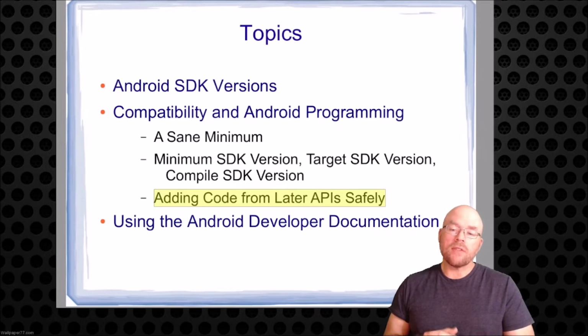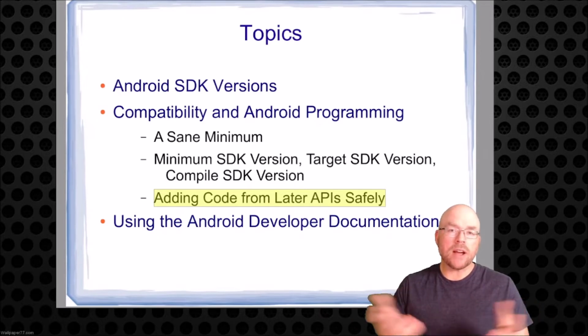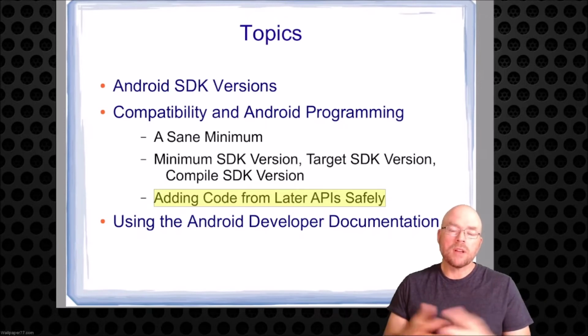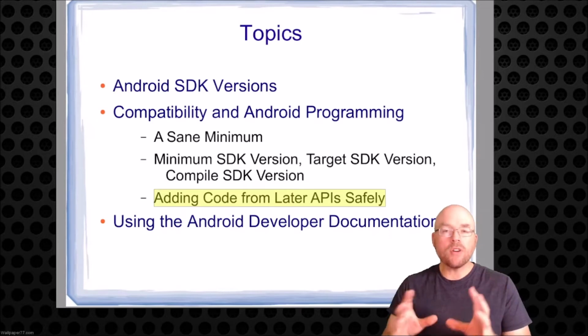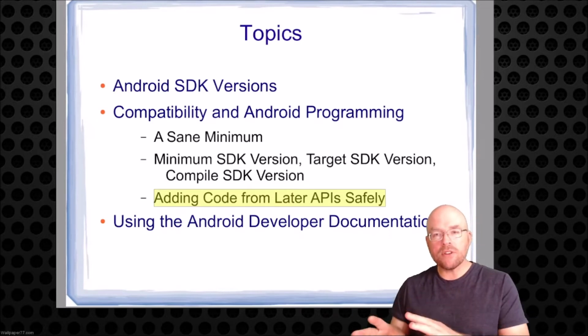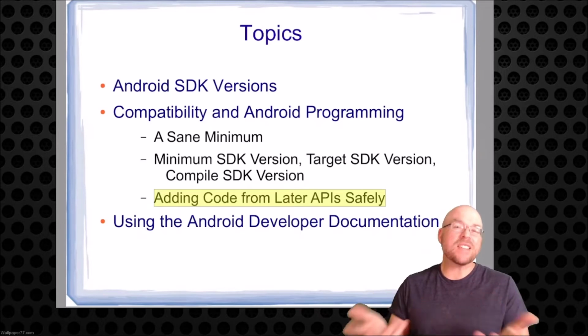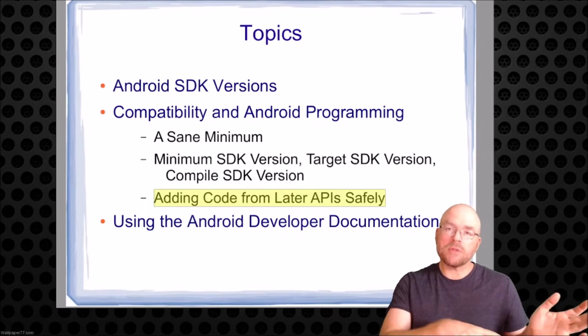If they download your app and you're using a feature that their phone doesn't support, that could be a problem. Your app might crash on their phone, or it might have unexpected behavior. So we'll look at how we can have code in our app that's designed to run on later versions of Android but can still be safe for older versions, for people's older phones.